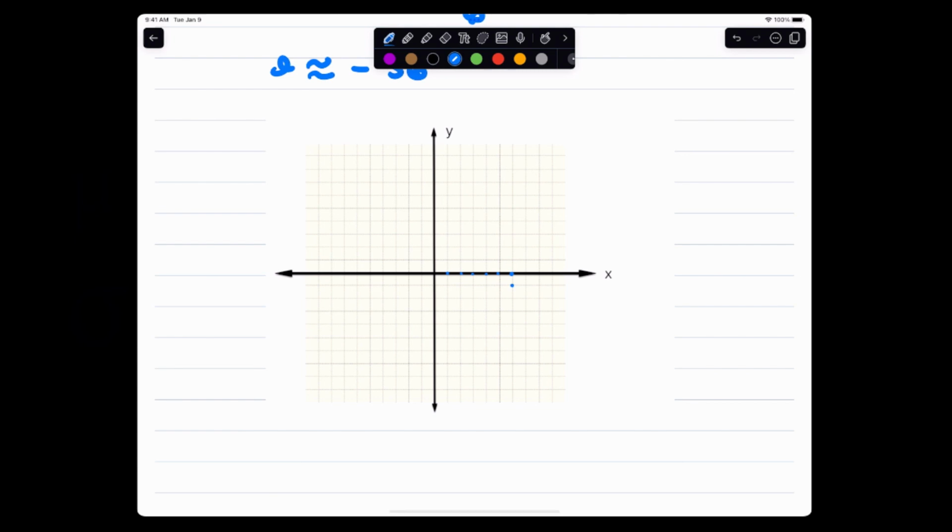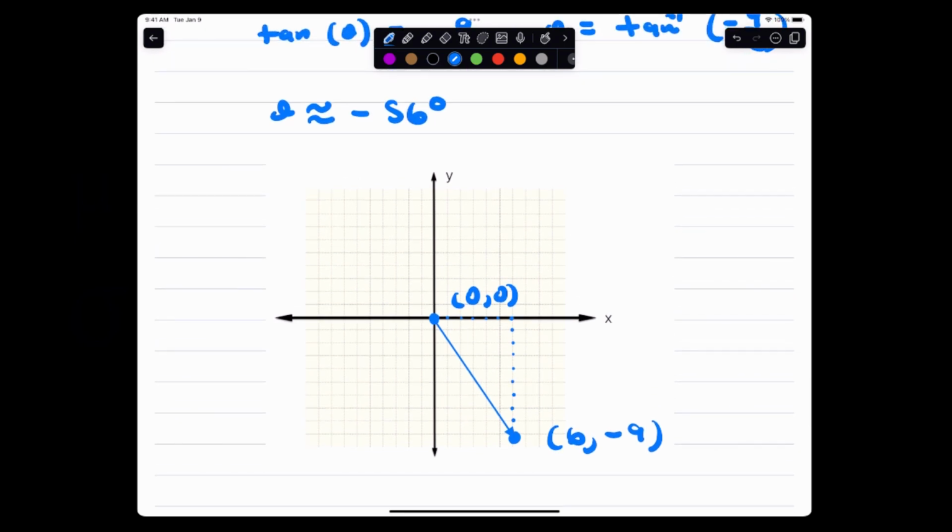Go down 1, 2, 3, 4, 5, 6, 7, 8, 9. You've got your initial point at 0, 0. You sketch your vector. There's your vector.